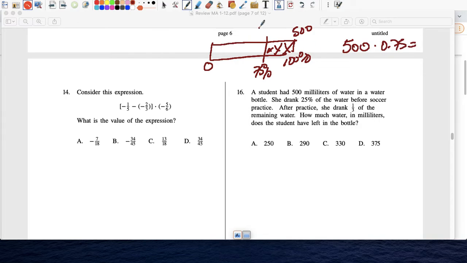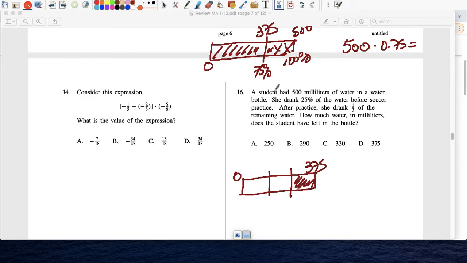So she has right now 375 milliliters of water. After practice, she drank 1/3 of the remaining water. Okay, so let me draw this, and let's just focus on the tops. This has 375, and let's break this into thirds. If she drinks that much away, how much is left over?